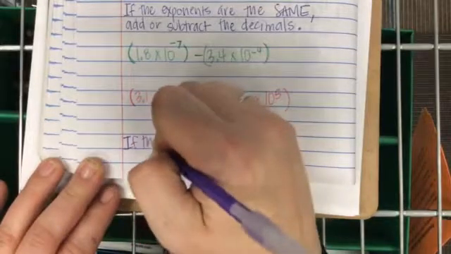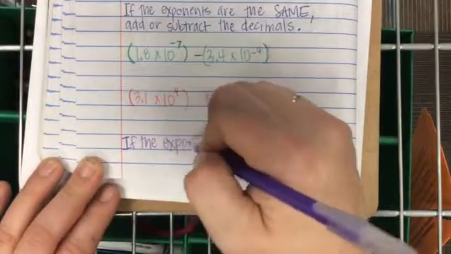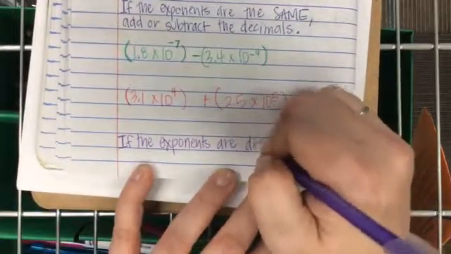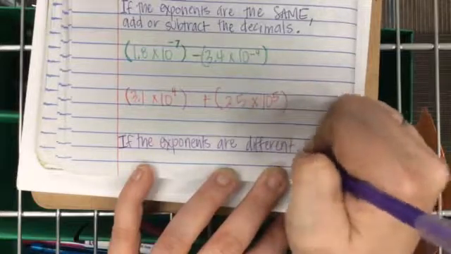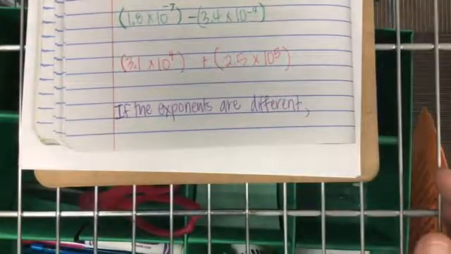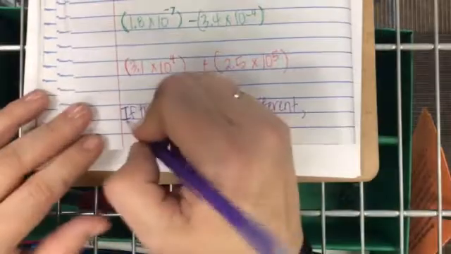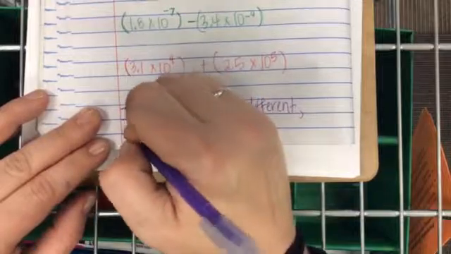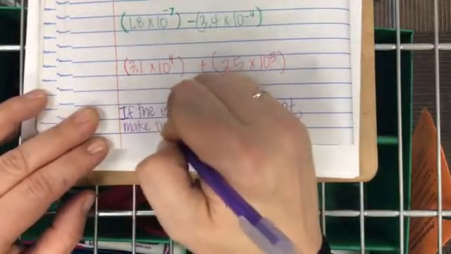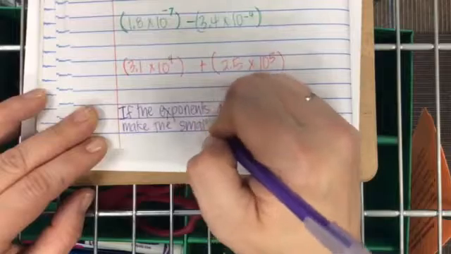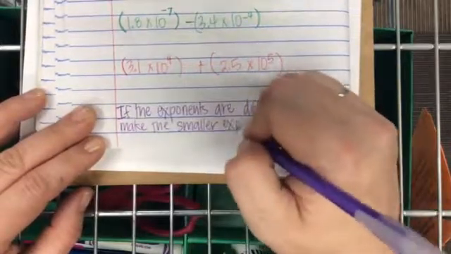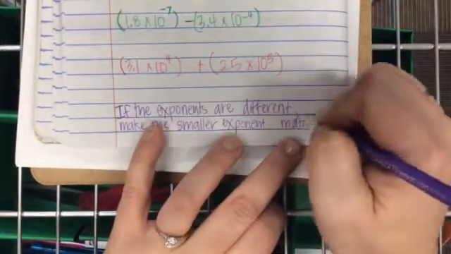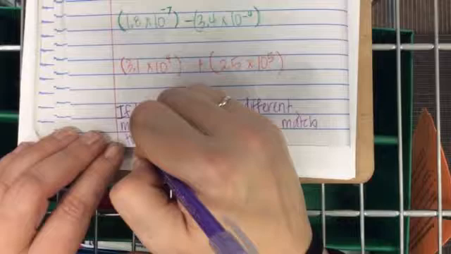If the exponents are different, make the smaller exponent match the bigger exponent.